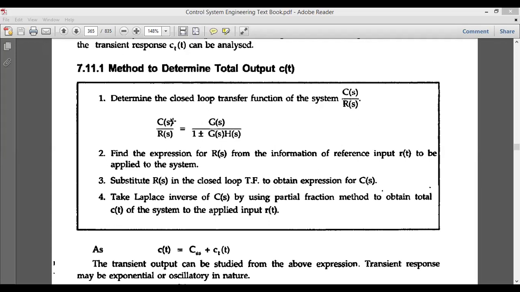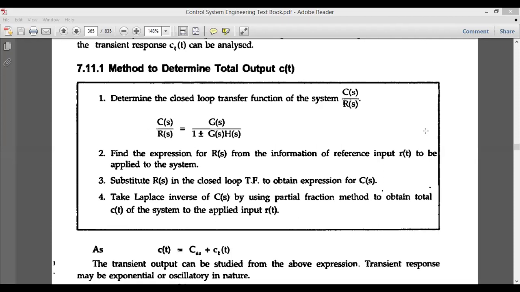How to obtain the value of C of s or C of t? You can see there is a difference. C of t is in the time domain, but C of s is in the Laplace domain. So you can apply the inverse Laplace transform for this C of s just to obtain the total output C of t, that is in terms of the time domain, for the applied input signal.